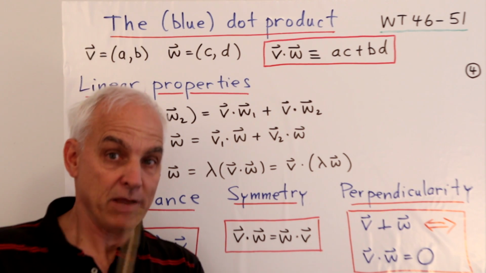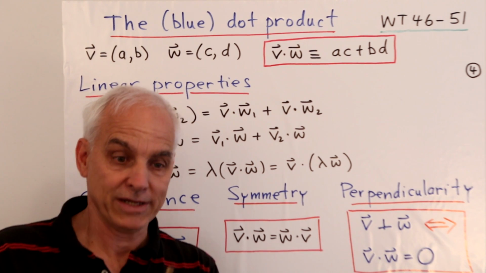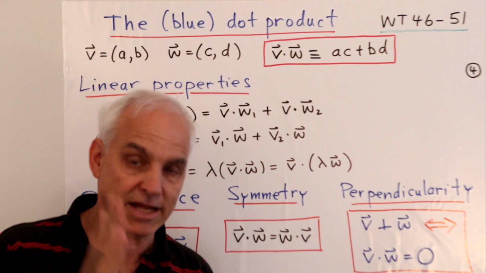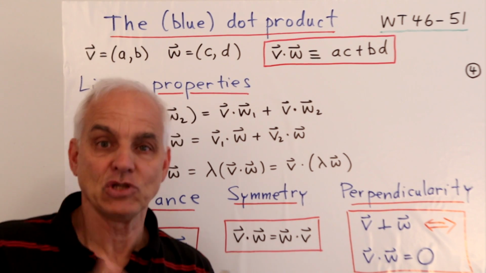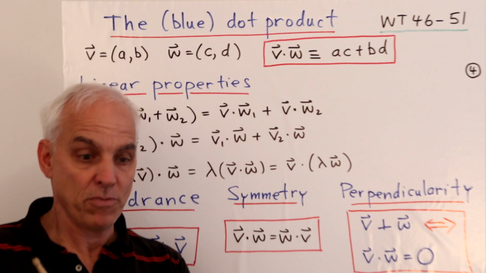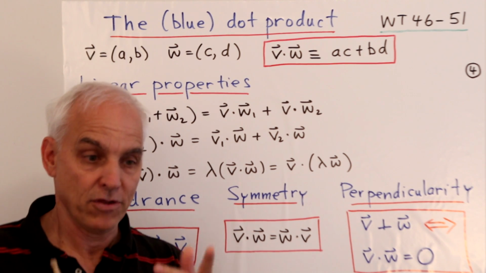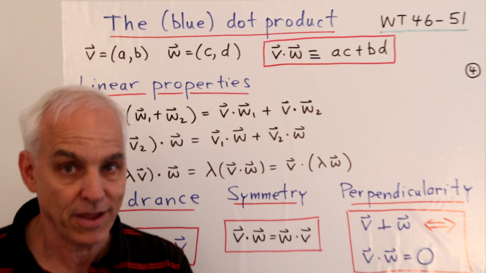So this is another very important use of the dot product, that it allows us to identify when two vectors are perpendicular algebraically. We just form their dot product, and if it's 0, they're perpendicular, and if it's not 0, then they're not perpendicular.